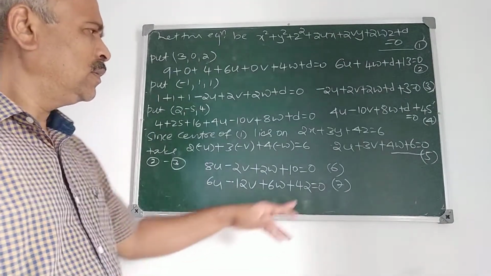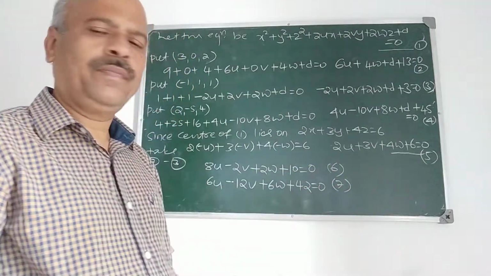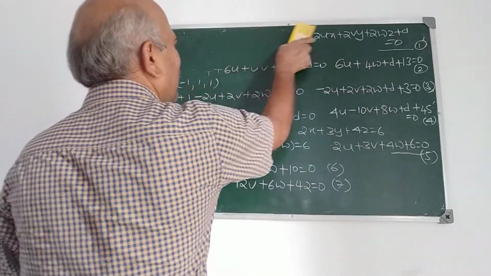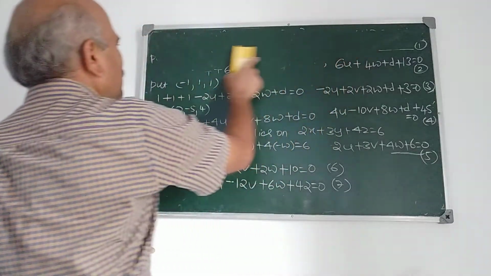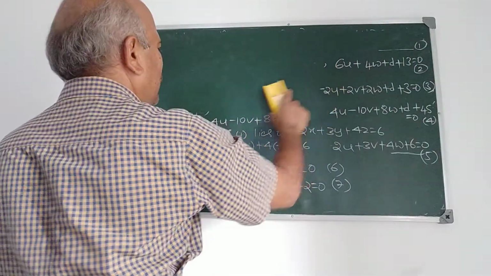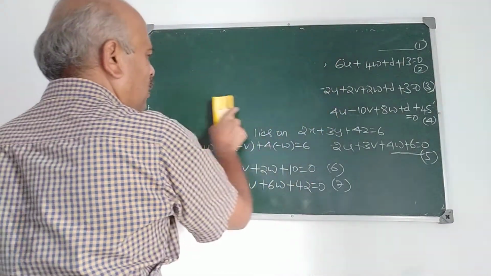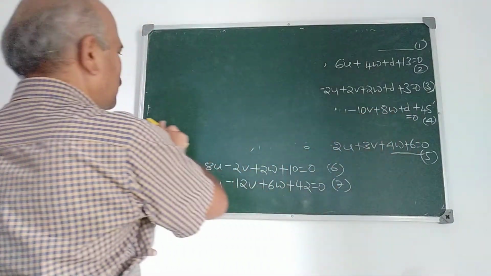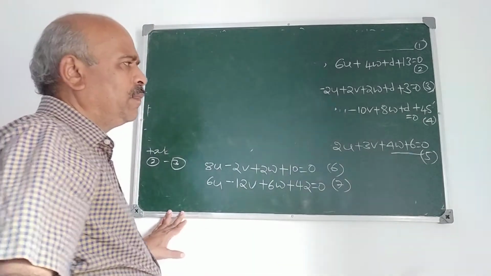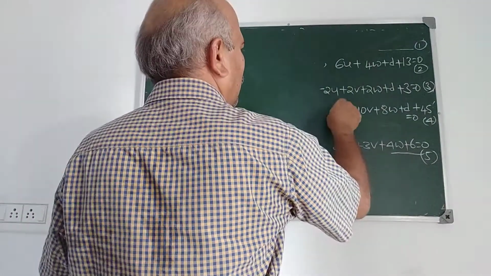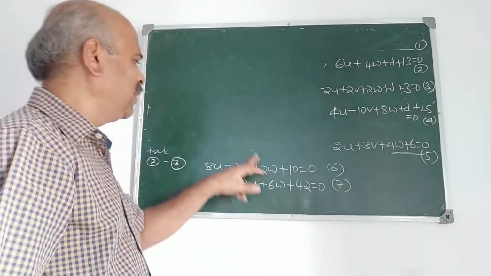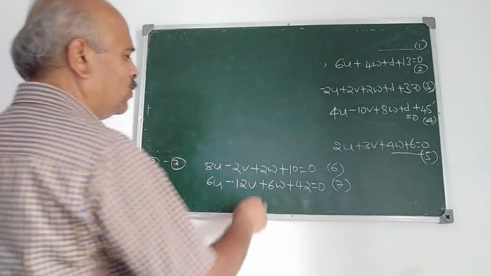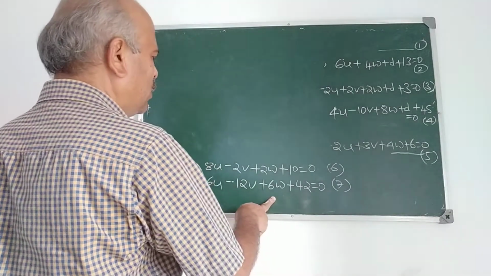So now we have 5, 6, 7, and in 5, 6, 7 we have only 3 equations, 3 unknowns. u, v, w are the unknowns now. Now we eliminate w first. How do you eliminate w?